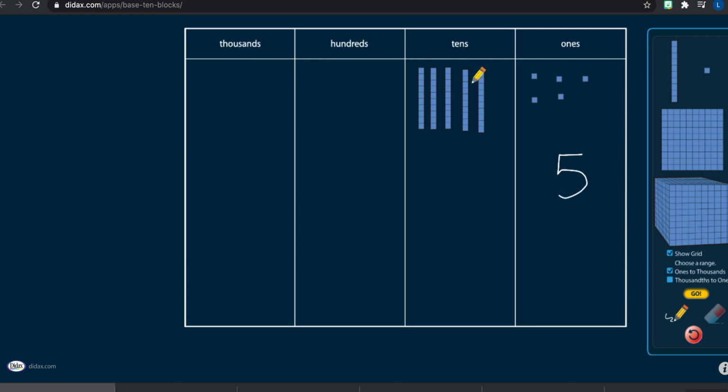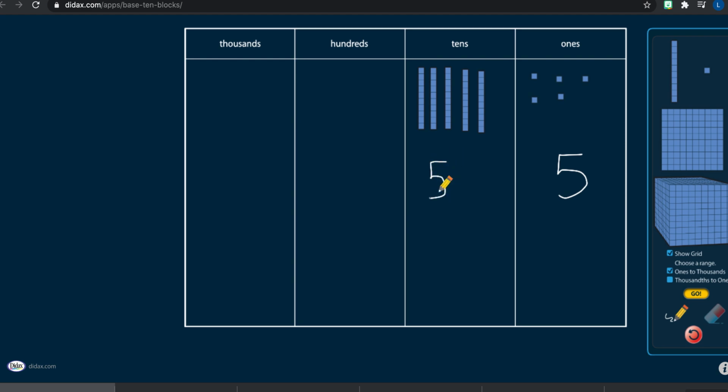Now, let's look at how many sets of 10. So we have 1, 2, 3, 4, 5. Now we have 5 sets of 10, but we have to count our 5 sets of 10 by counting by 10. So we have 10, 20, 30, 40, 50. So let's do our 50.